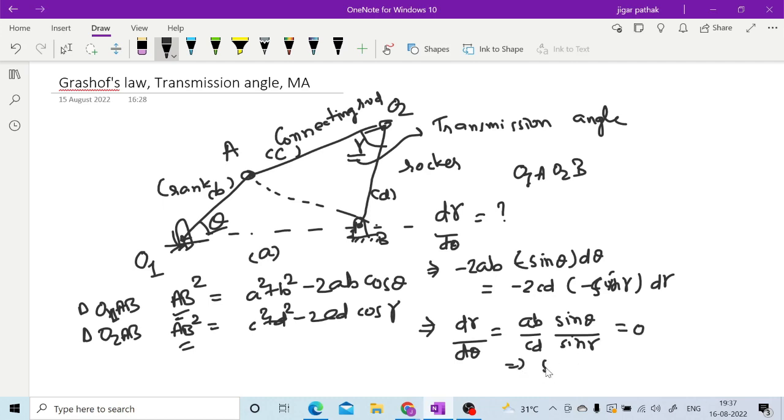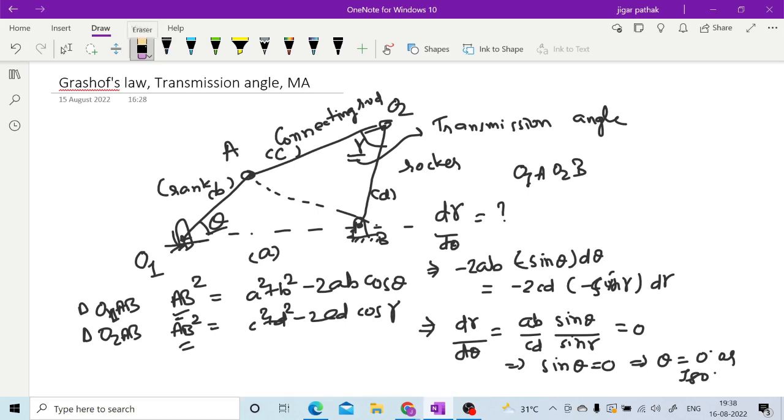So it means sine theta must be equal to 0, so theta must be equal to 0 or 180 degrees. So in order for your gamma to be optimum, your theta must be 0 or 180. This is how you can calculate the transmission angle and its importance in your 4-bar chain mechanism.